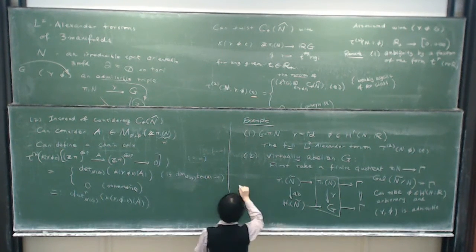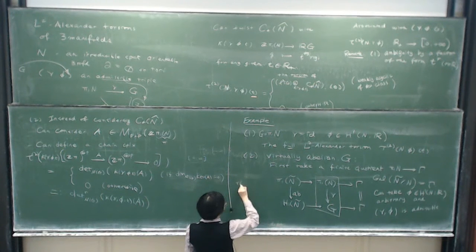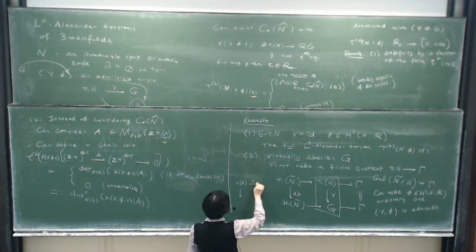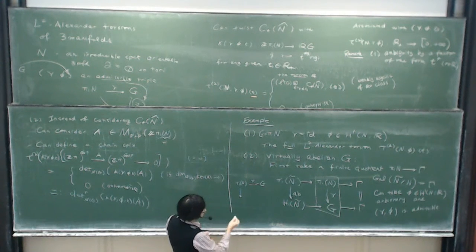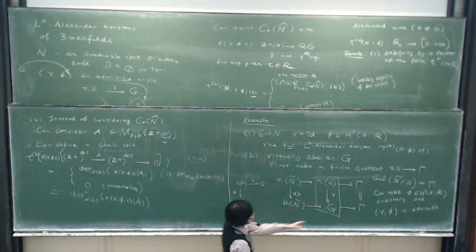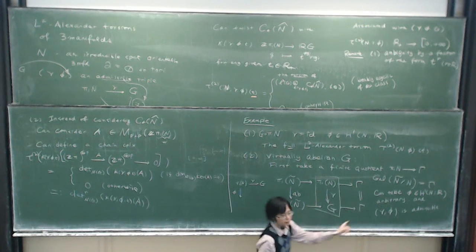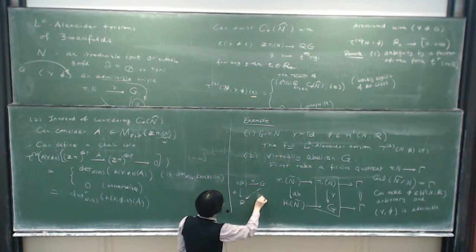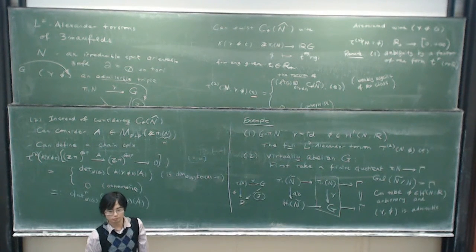The condition here is like this. The admissible means that at first I have a gamma to some group G, and I have a class phi that goes to R, and basically the condition means that I want it to factor through.